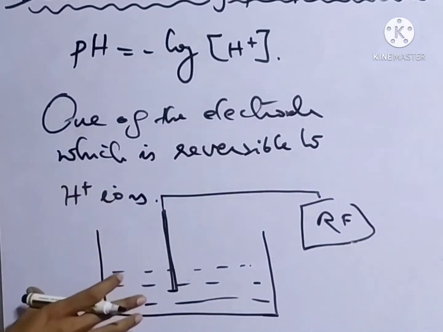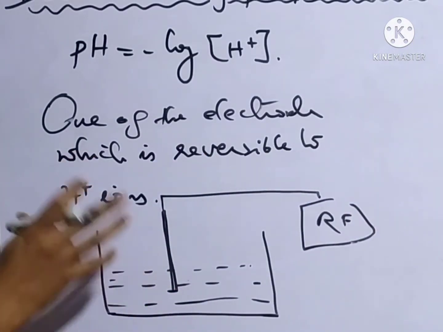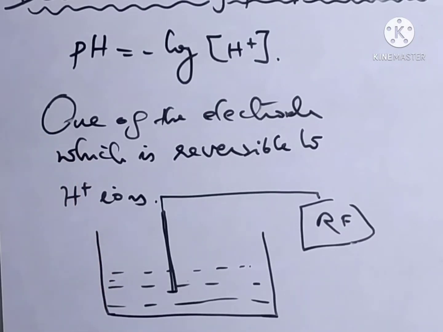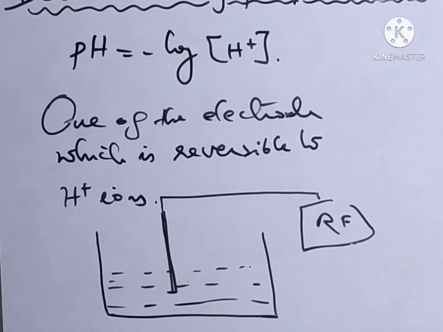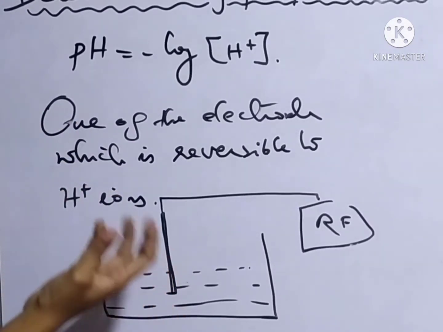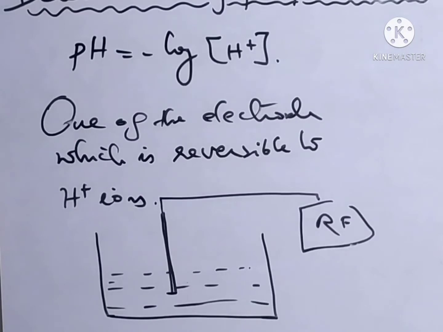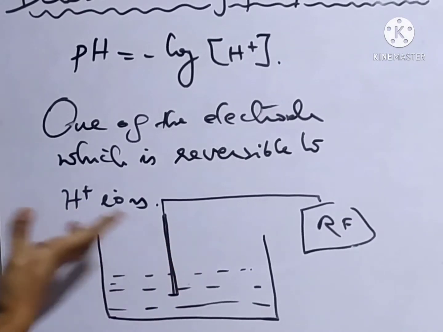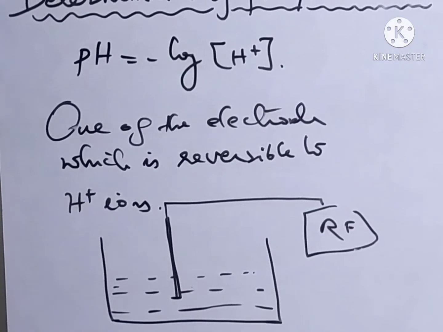From the EMF value, we can find out the pH value because this half cell is reversible to H plus ion concentration. For example, we can determine the pH of an unknown solution by using a quinhydrone electrode and a glass electrode, etc. Okay, let's go to the details of pH determination.